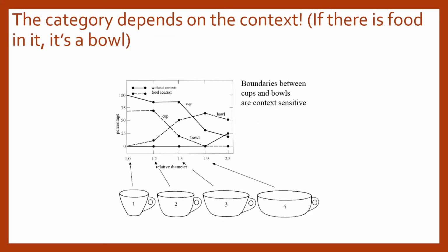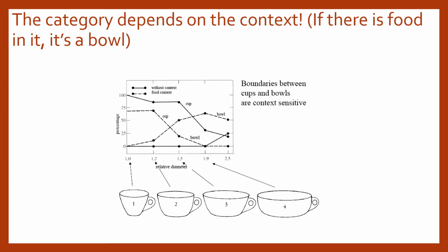Sometimes it also depends on the context. If there is food, then most likely it is going to be a bowl. In this figure you can see, with and without context, another diagram which represents when something is more likely to be a bowl or a cup.